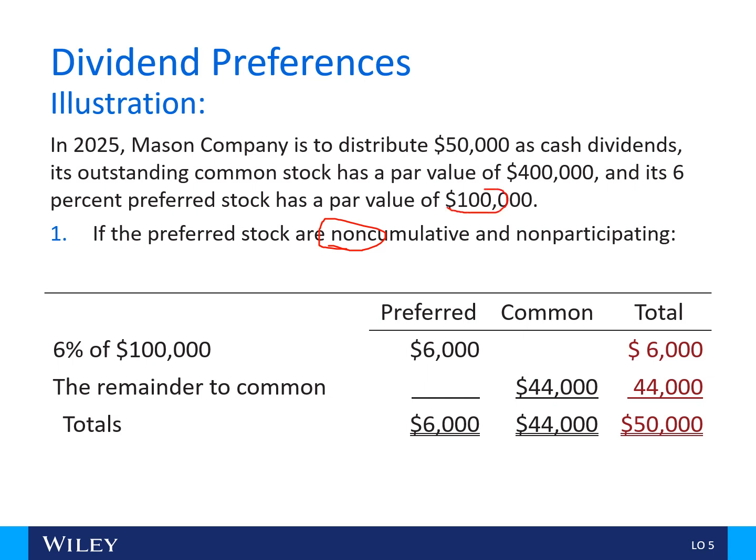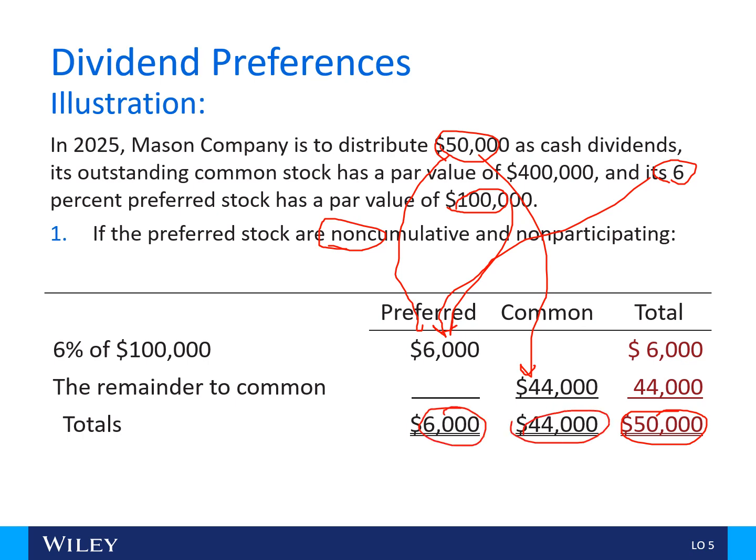Preferred stock is 100,000 at 6%, which means 6,000 goes to preferred. They paid 50,000 in total, so 50,000 minus the 6,000 means that 44,000 goes to common. Again, 6,000 goes to preferred, 44,000 goes to common.